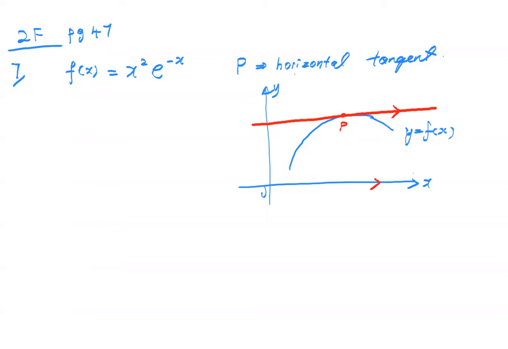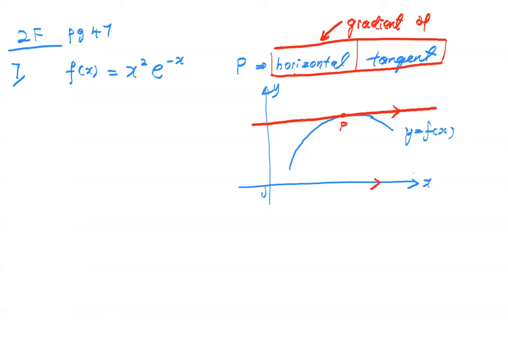So the moment you see the word horizontal tangent, you straight away know that the gradient of this tangent is 0. Understand? That is the meaning of a horizontal straight line: the gradient is 0.